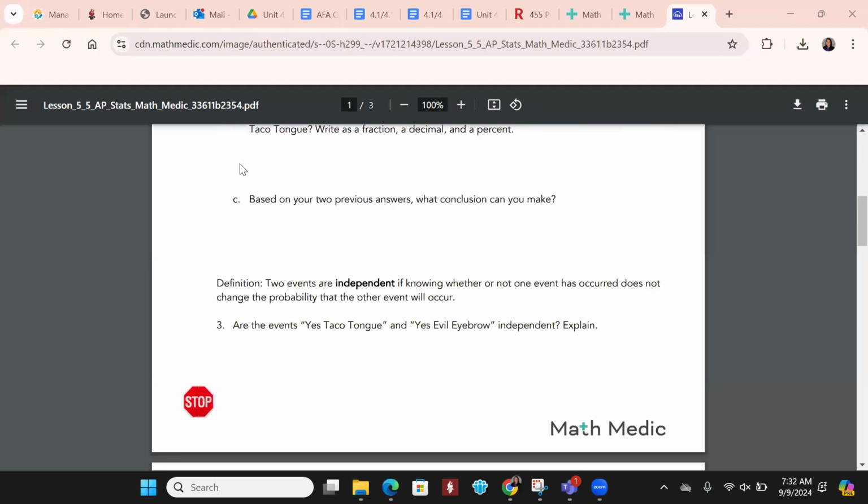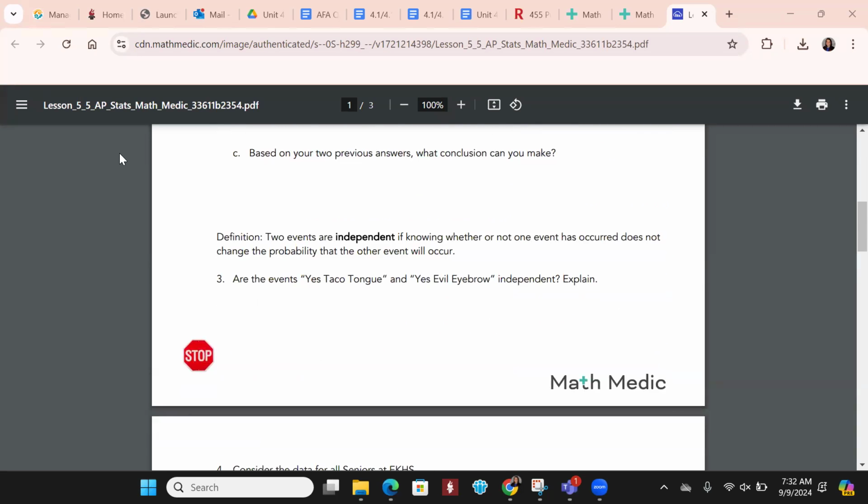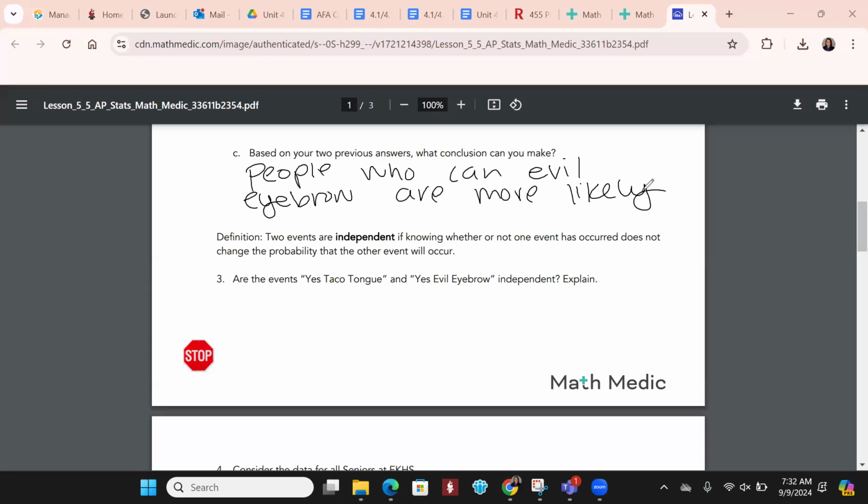People who can evil eyebrow are more likely to be able to taco tongue than those who can't evil eyebrow.